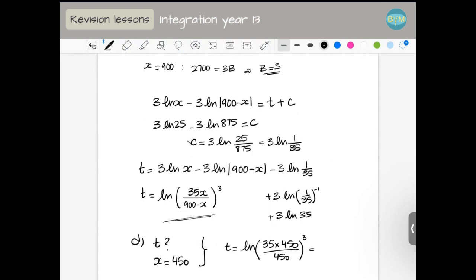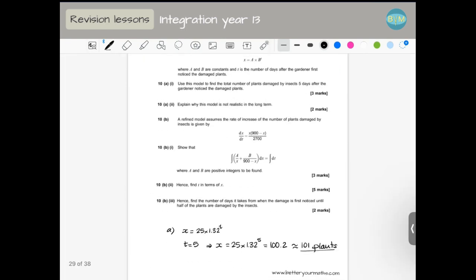Actually I can cancel this, no? So it's ln of 35 cubed. 10.66, so 10.7. This is days, yeah?